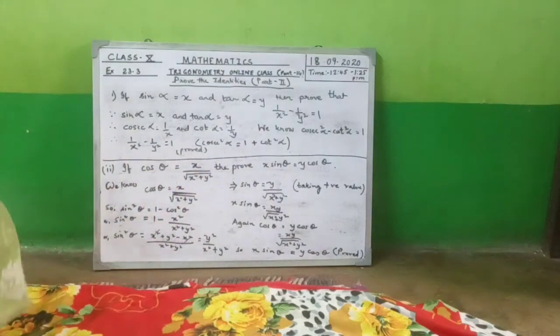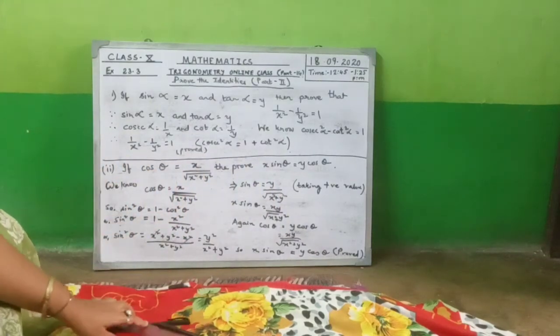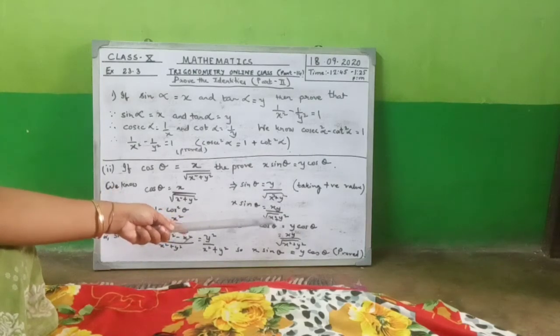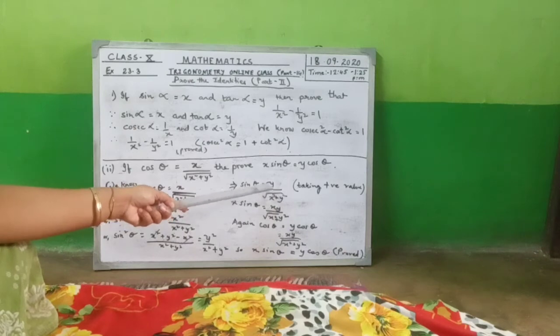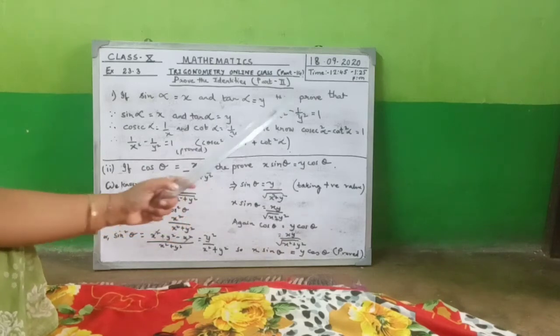Now x sin theta. What is x sin theta? Means x into sin theta. That is equal to xy divided by, since with this you multiply x. So x into y divided by root over x square plus y square.